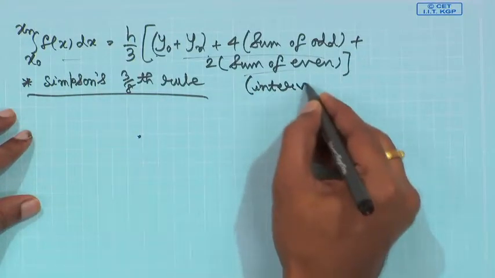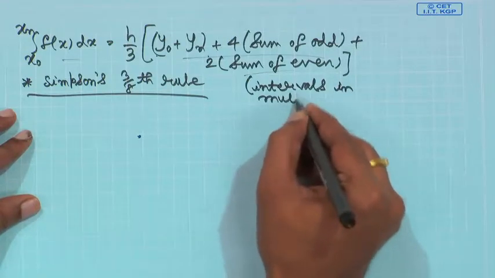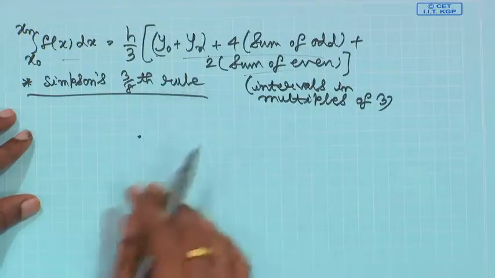So, Simpson's 3/8 rule, basically it is the intervals in multiples of 3. If you can manage to have intervals in multiples of 3, then you can use this rule, otherwise you use Simpson's 1/3 rule.